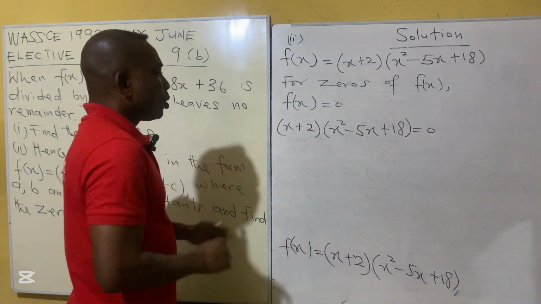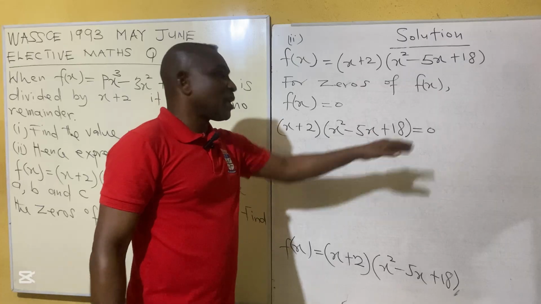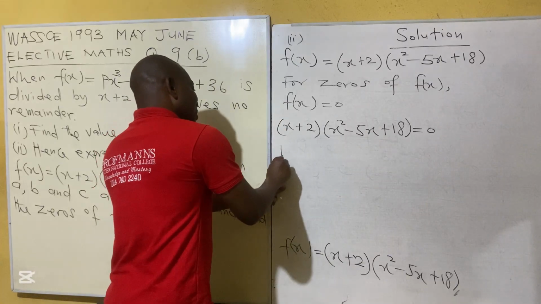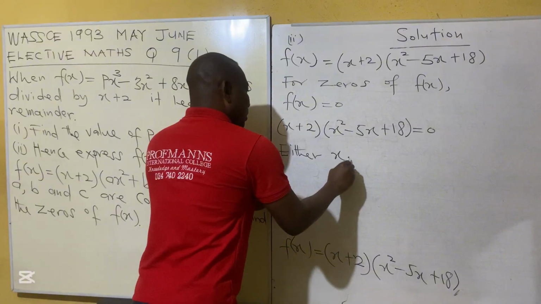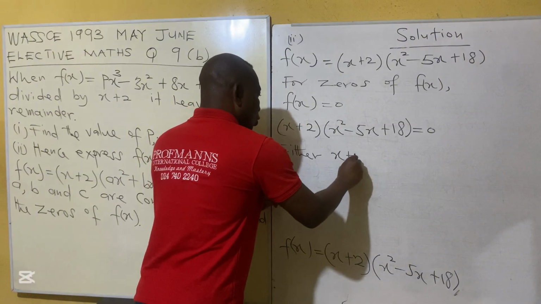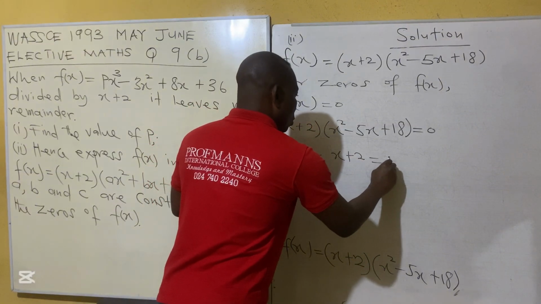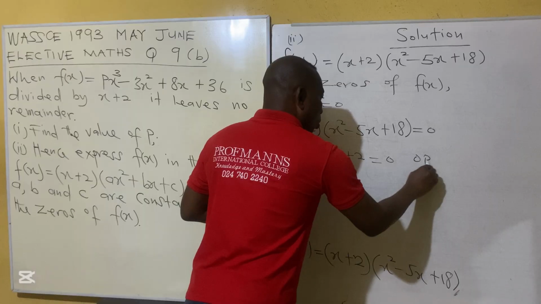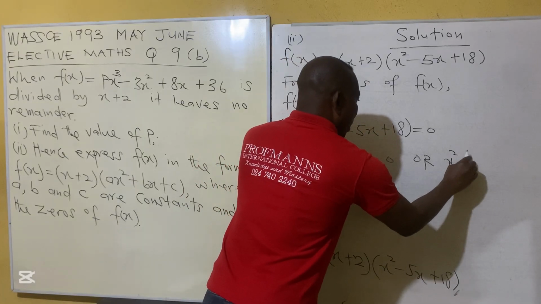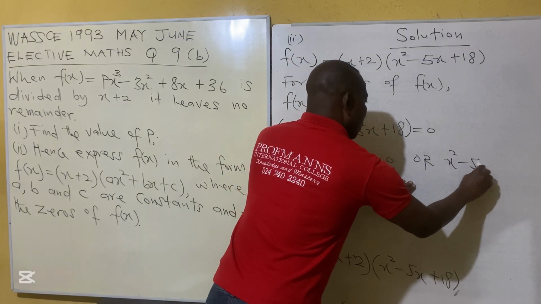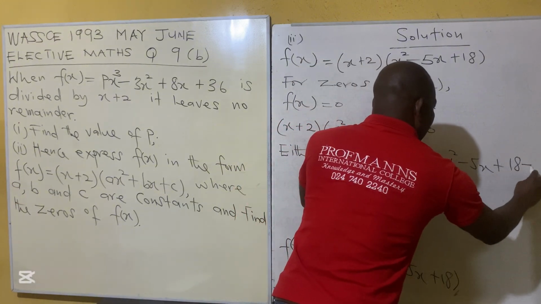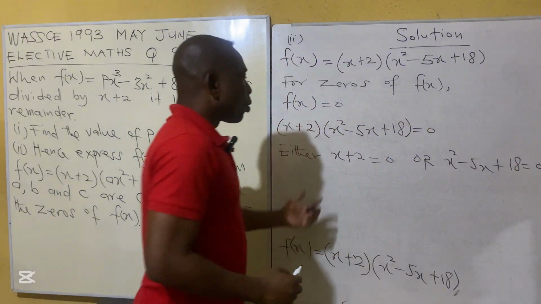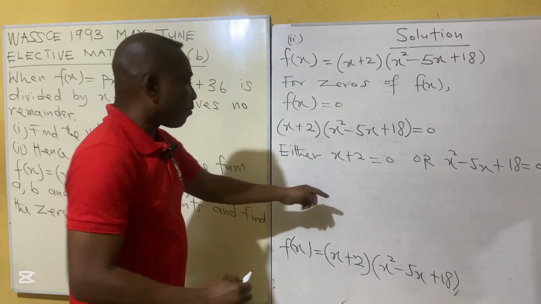We are multiplying these two expressions and getting 0, so it gives us either x plus 2 is equal to 0, or x squared minus 5x plus 18 being equal to 0. So we pick them individually and solve for x.